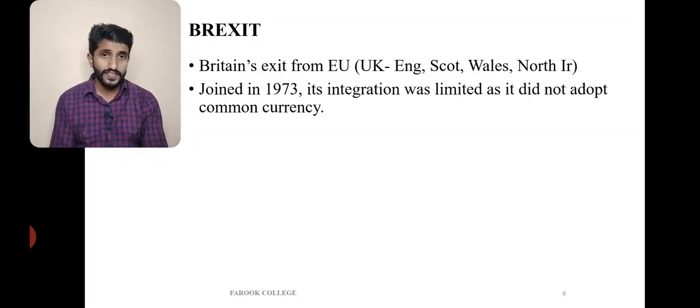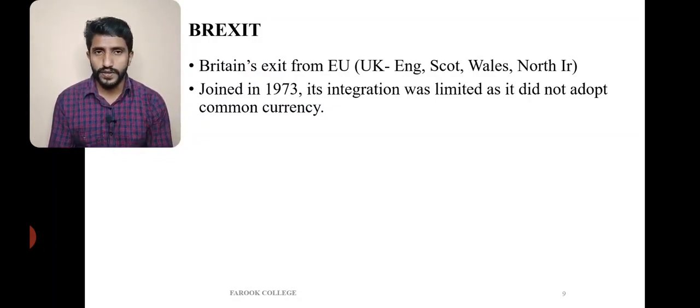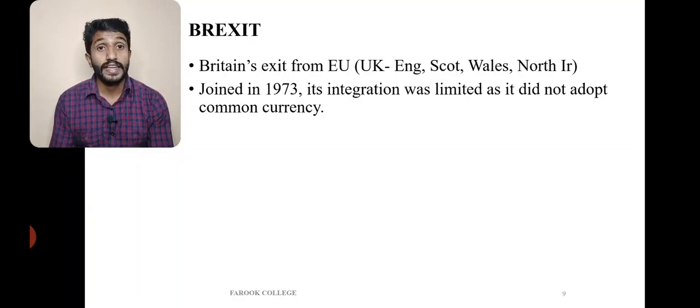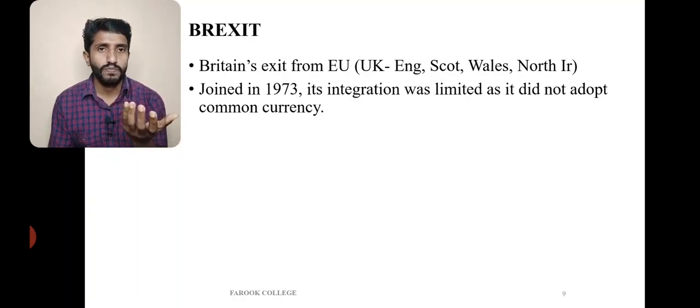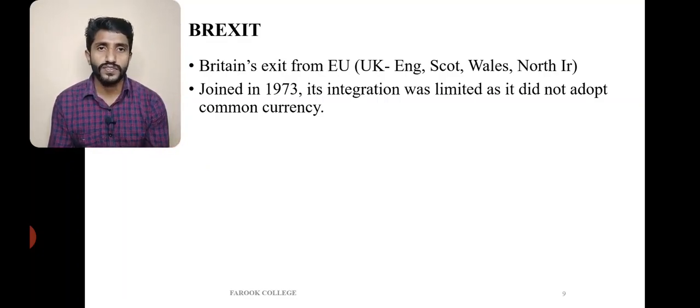So what was the reason for this? The UK joined the European Union in 1973, not the first time when the European Union started. The main reason was that the UK was not ready to follow all the rules and regulations of the European Union, so they were not ready to join at first.